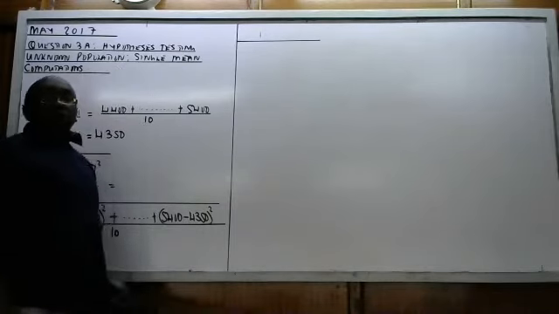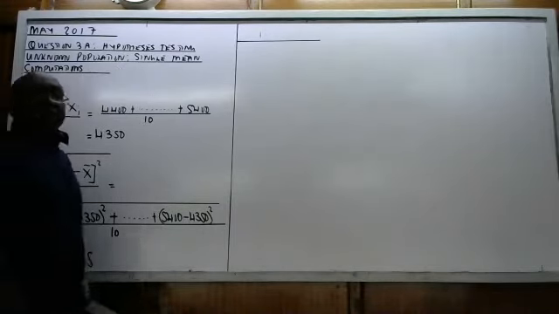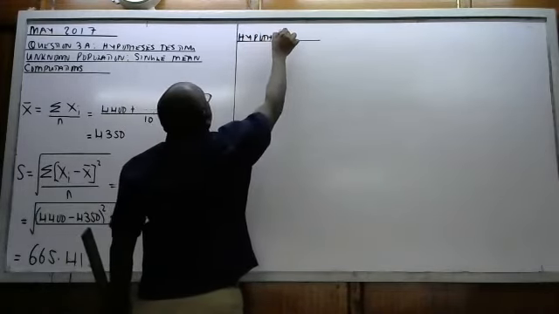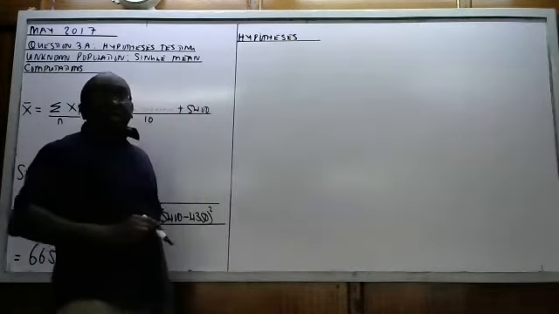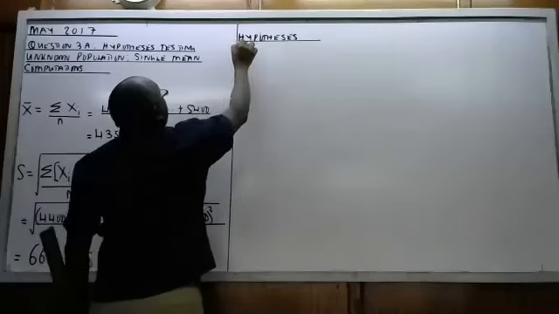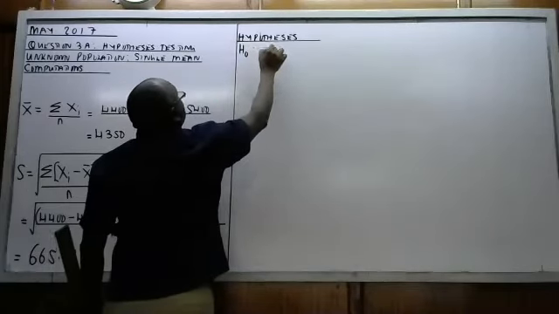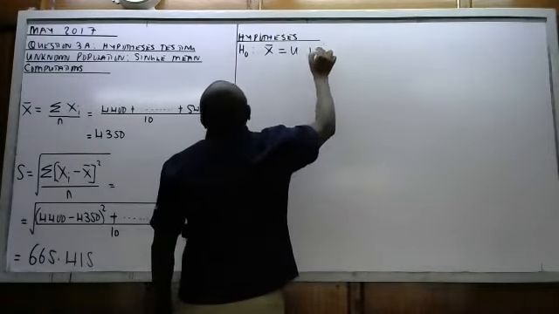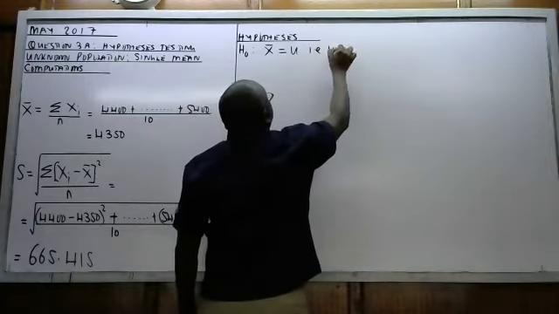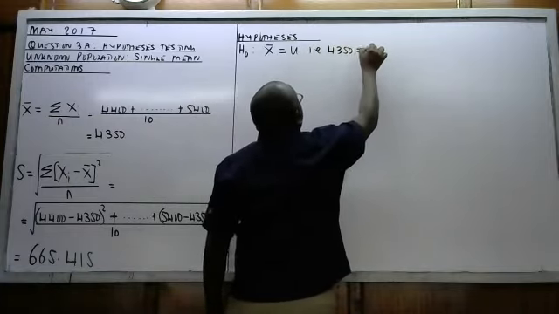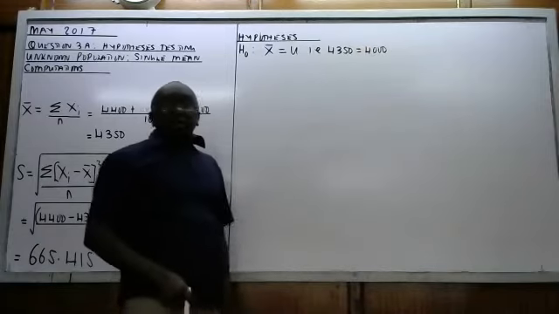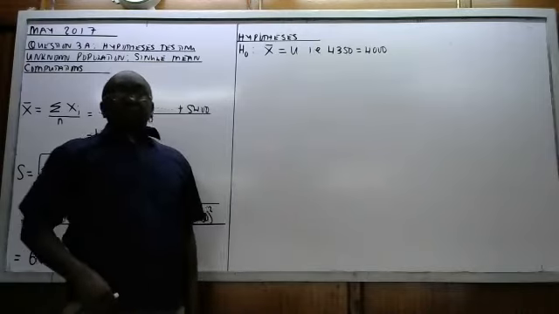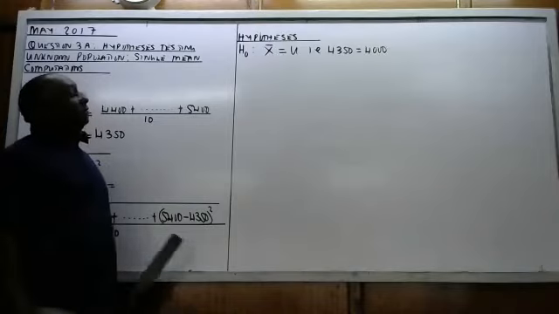Okay, good. So with those items now, we start our normal steps. The first step you know is usually hypothesis. So in the hypothesis, we will say that the null hypothesis is X bar is equal to mu. That is, 4350 is the same thing as 4,000. 4,000 is the mean that we have been given for the population.